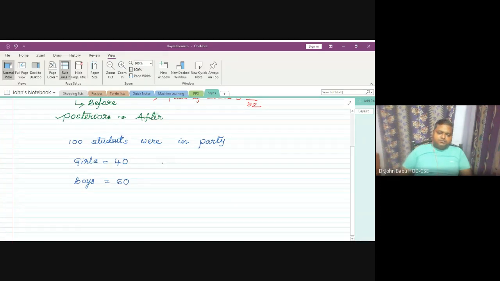In the total party, what I want to know is how many people wear black dress, or what is the probability of black dress? Probability of black dress. That's what I want to know.